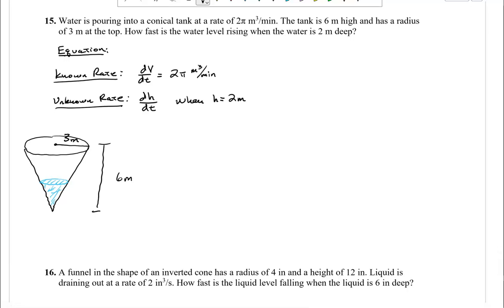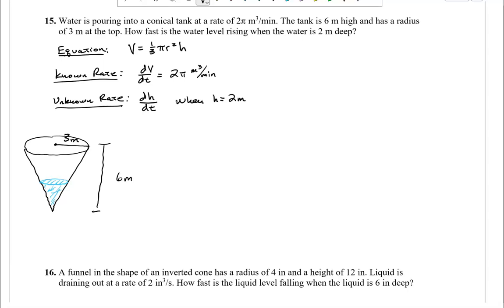So we need an equation that's going to give us a relationship between volume and height. Well, the volume of a cone is 1/3 pi r squared h. And you'll notice that we have two variables there, an r and an h, but really we only care about the h. So we're going to take a close look at our two cones, right?